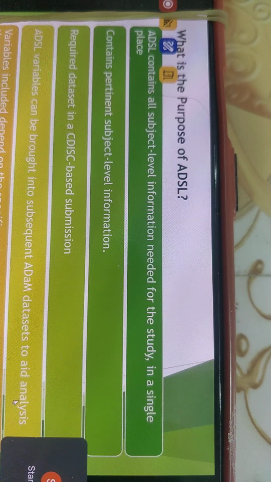There are some core variables from ADSL which we can keep in the other ADaM datasets. The variables included depend on the specific nature of the disease and the content of the protocol, based on the specific trial. Those we can also accommodate into ADSL.